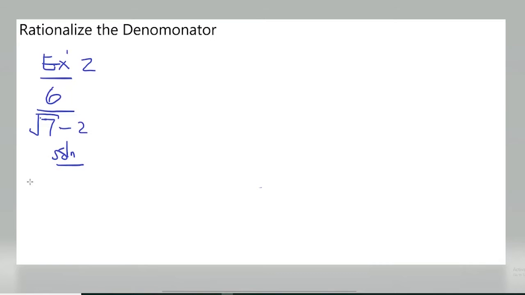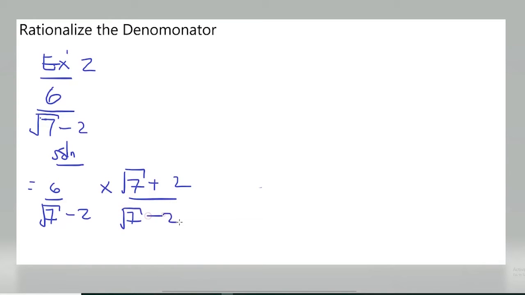Now solution. This will be equal to 6 over root 7 minus 2, then times root 7, as I told you before. You exchange the operation. Here it is minus, but on that side you make plus, over root 7 plus 2. Sorry, the space is not enough, let me copy it on the other side.